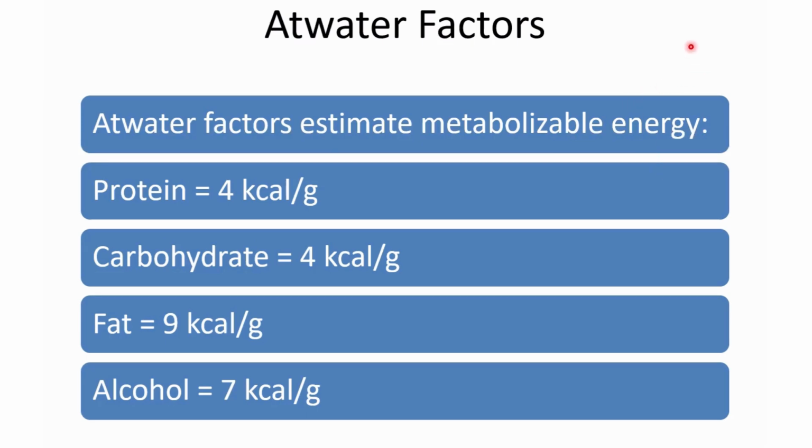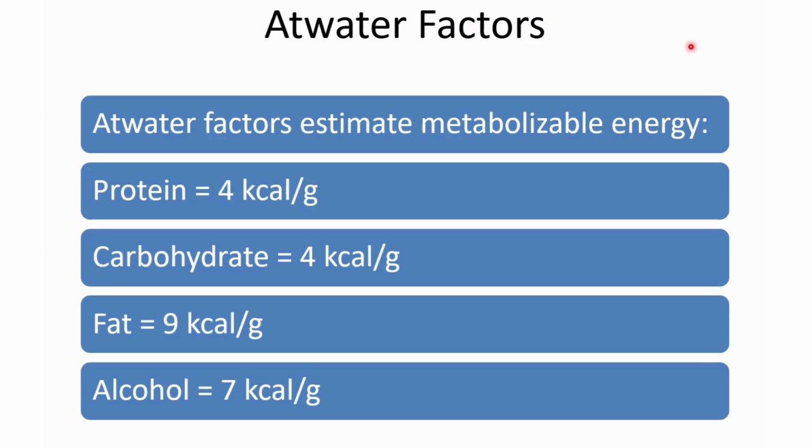When you eat food, the body oxidizes or burns macronutrients, that is carbohydrate, fats and protein, and as a result there is a release in energy. That energy is usually measured in kilocalories or kilojoules, but not all the energy in the food is usable by the body. Some of it is also lost in feces in the form of undigested food as well as in urine, especially for proteins that produce urea.